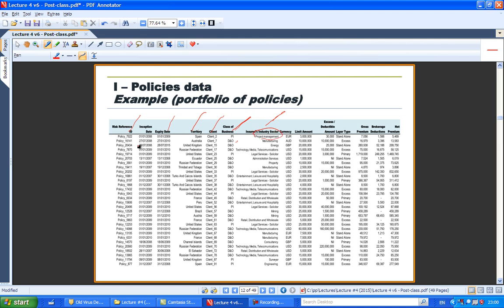Here it's a manufacturing company or an energy company. Then the currency in which the premium is being charged, and then information like the limit, the deductible, the type of policy, whether it's standalone or it's an excess policy.